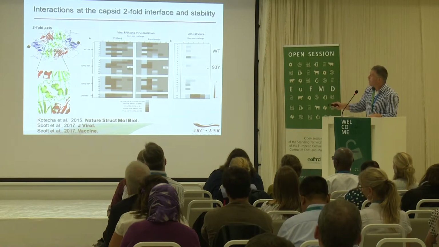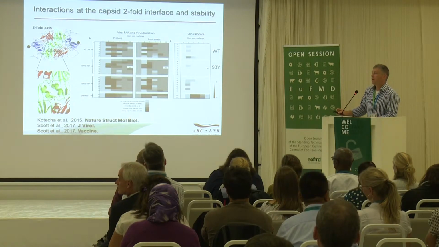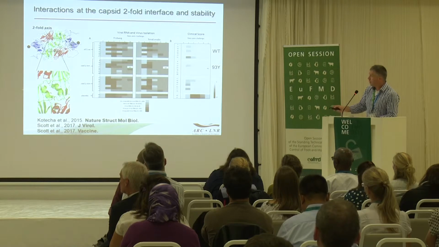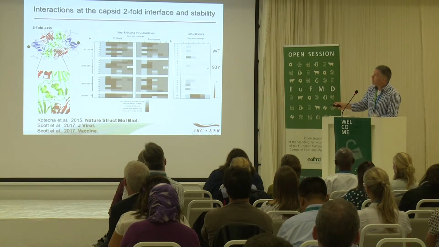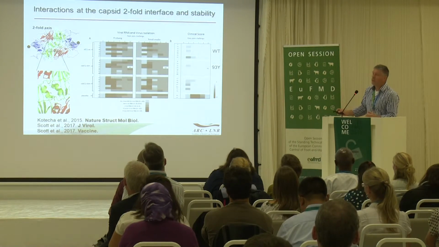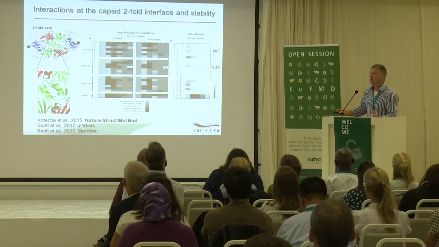Amino acids at the interface of the capsid were identified by the Oxford group that we could mutate, and we made these mutations and found some mutants where the stability of the virus was actually improved.